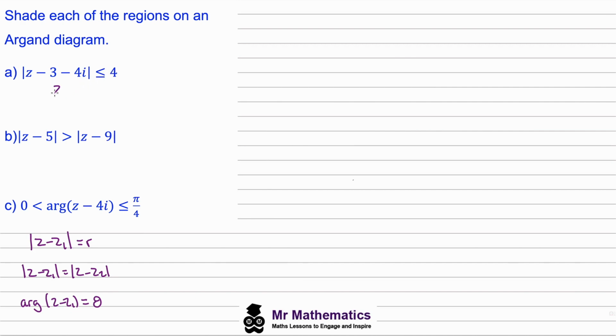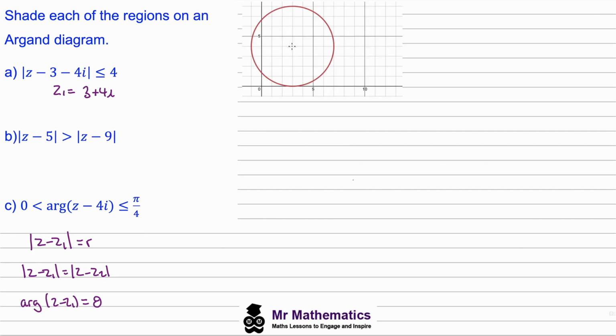So if we say that z1, the fixed point, will be equal to 3 plus 4i, then we can plot this on an Argand diagram. So we have our circle with a center of 3 and 4. So 4 on the imaginary axis, 3 on the real axis. And this circumference tells us all the points that are exactly 4 units away from the center.